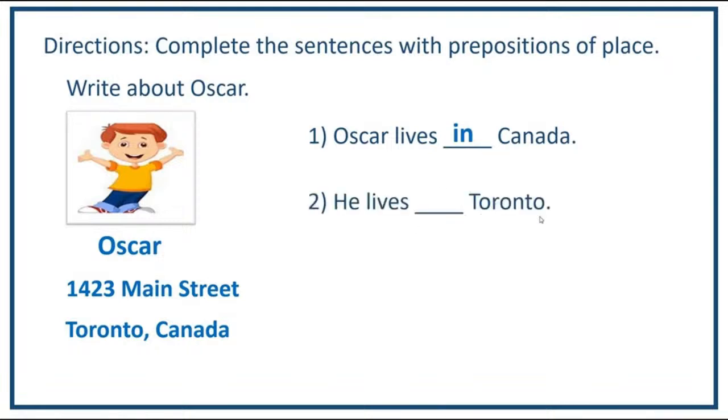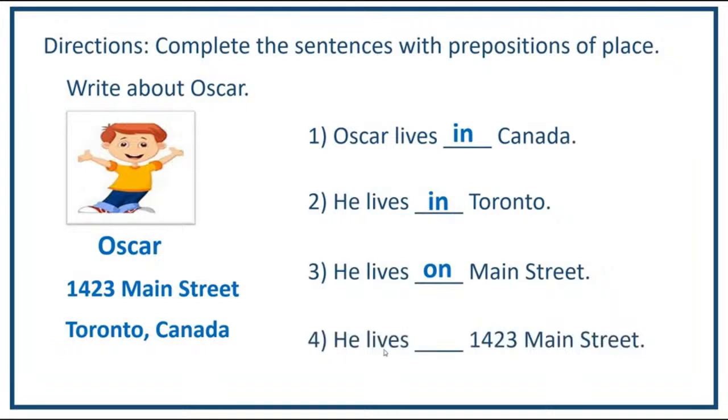He lives blank, Toronto. Answer is he lives in Toronto. Number 3. He lives blank, Main Street. Answer is on Main Street. Number 4. He lives blank 1423 Main Street. Answer is at.